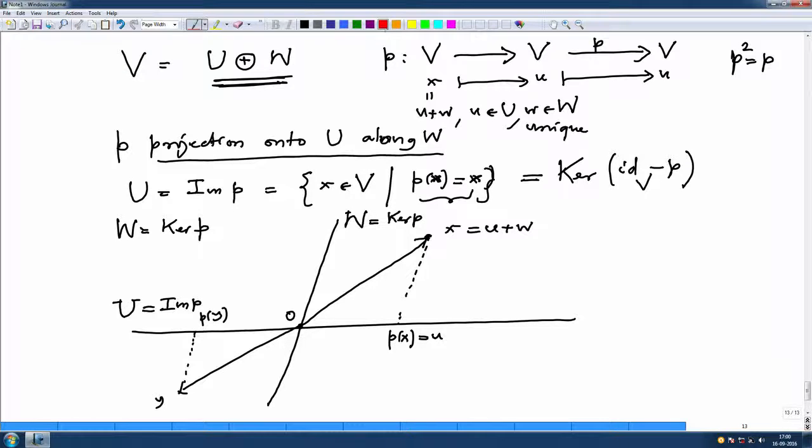I did not draw perpendicular because we have no concept of perpendicularity.